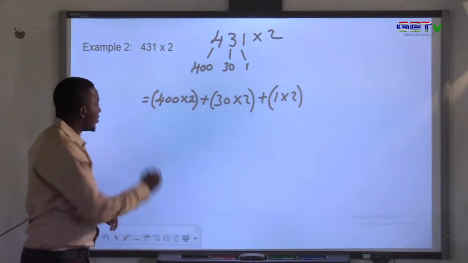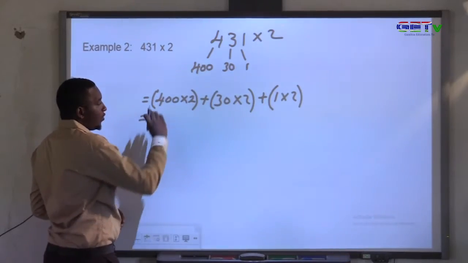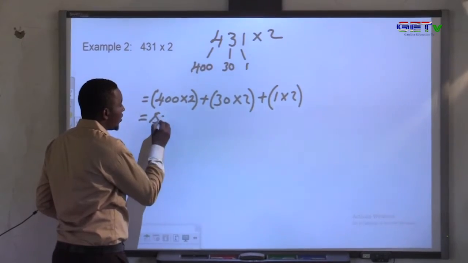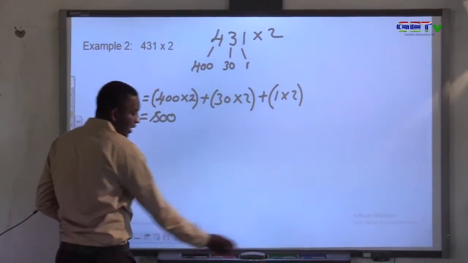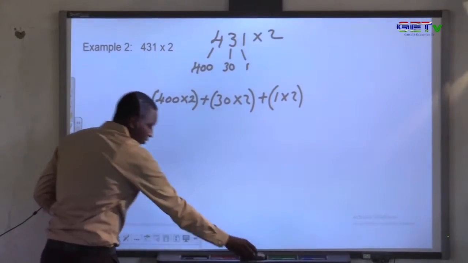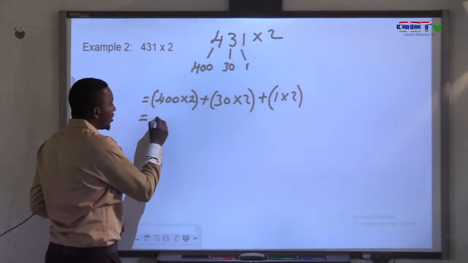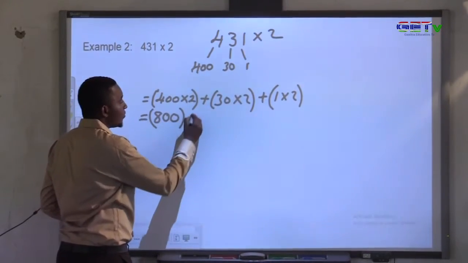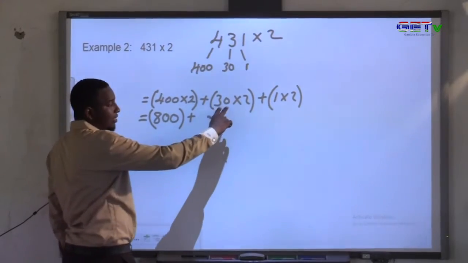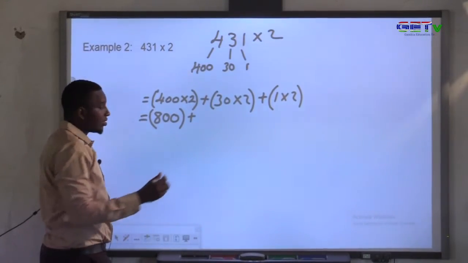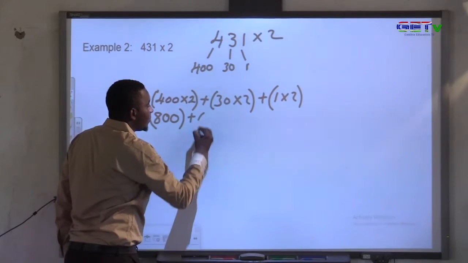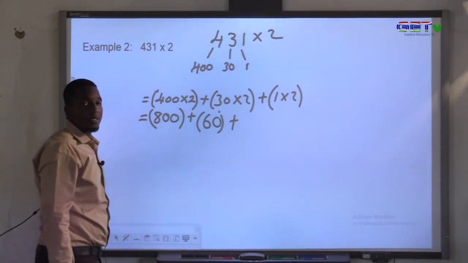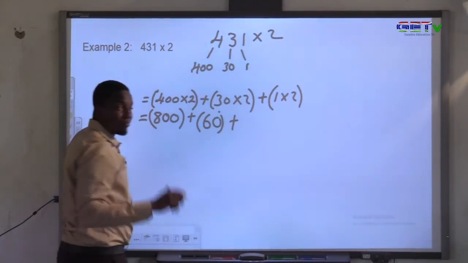Then we do the multiplications. 400 times 2 is going to give us 800, plus 30 times 2 will give us 60, plus 1 times 2 is 2.